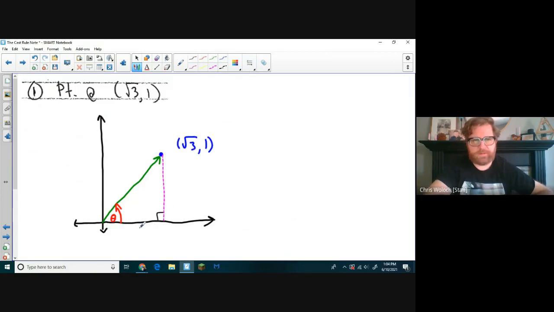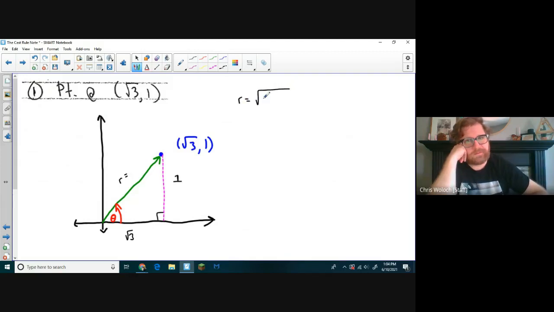And then I know this length is √3, and this length is 1. So the only thing that we have to figure out is r. And again, how do we figure out r? Well, r is just going to be the square root of √3 squared plus 1 squared. So that is going to be 3 plus 1, which is conveniently 4. So r is 2. That's nice.